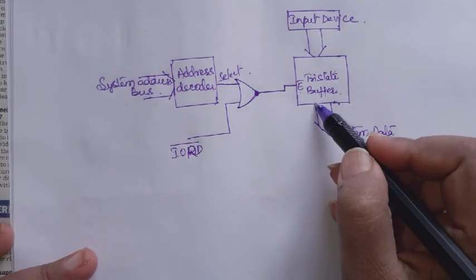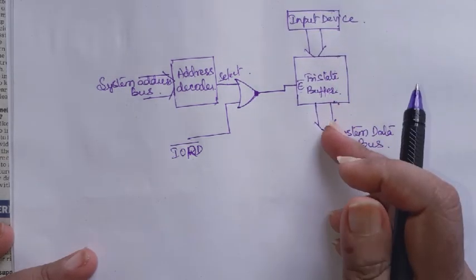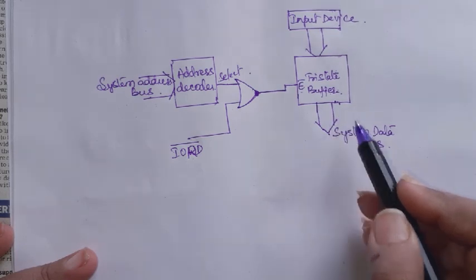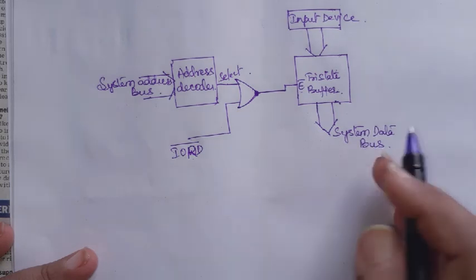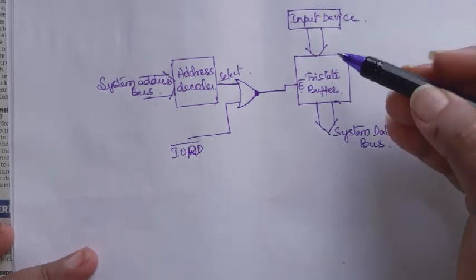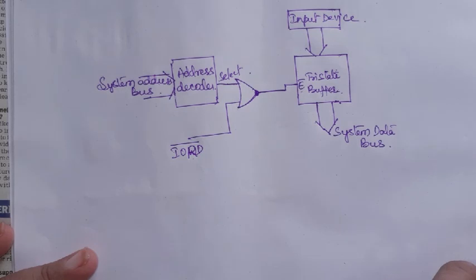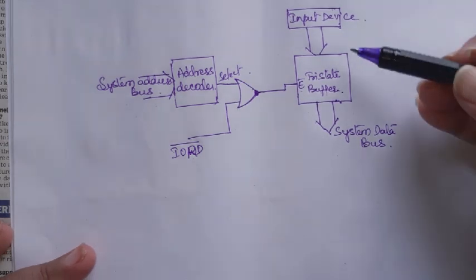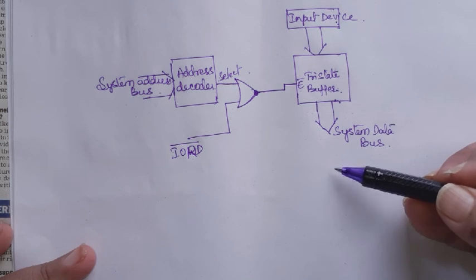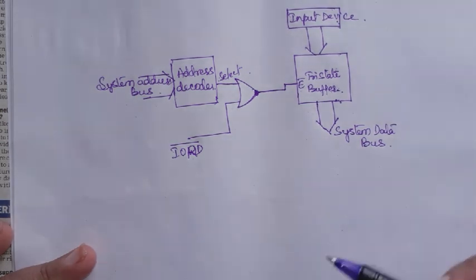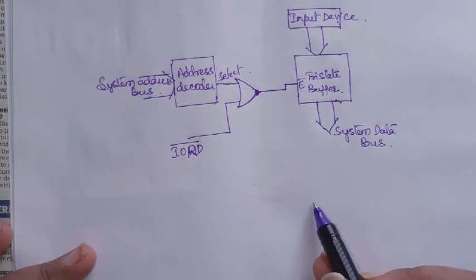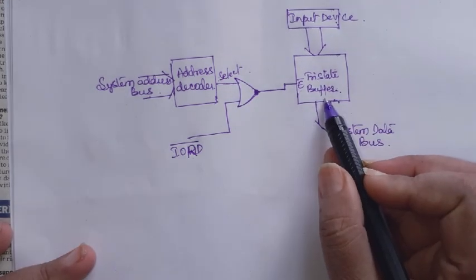So the output whatever is there from this tri-state buffer, these lines will be in high impedance state, so that they are not available on the data bus. It's like disconnecting the data bus from the tri-state buffer or input device. Only when it is required, the data from the input device must be available on the data bus, not always. So to isolate this data from the system bus, these tri-state buffers are used.